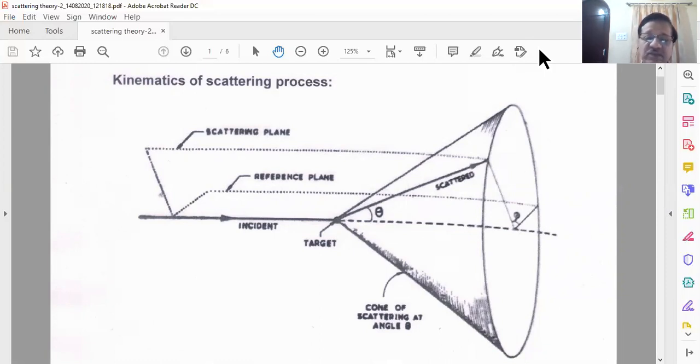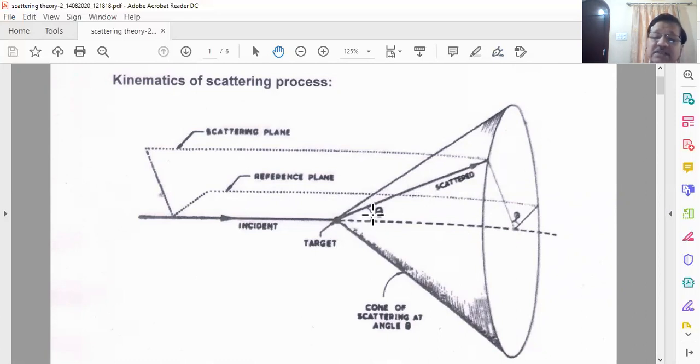We have discussed that whenever you have a monoenergetic beam of incident particles directed towards the target, the target may be a nucleus, nuclei, an atom, or a group of atoms. It will produce a potential field surrounding the target. When the beam is directed towards the scatterer, the beam of incident particles will scatter at angle theta.